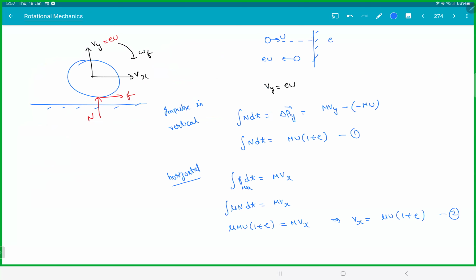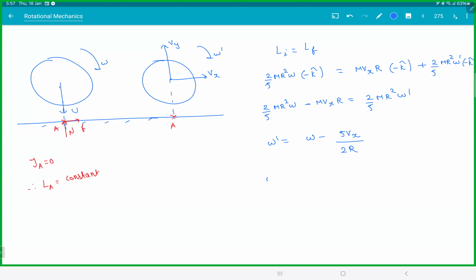And I know Vx, so you can take Vx from here and substitute. That gives 5 mu (1 plus e) by 2R. That's your omega dash. This comes from conservation of angular momentum.